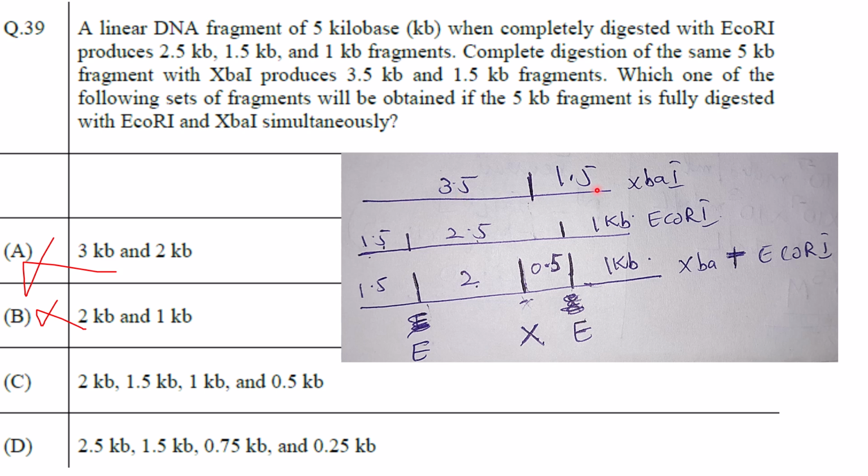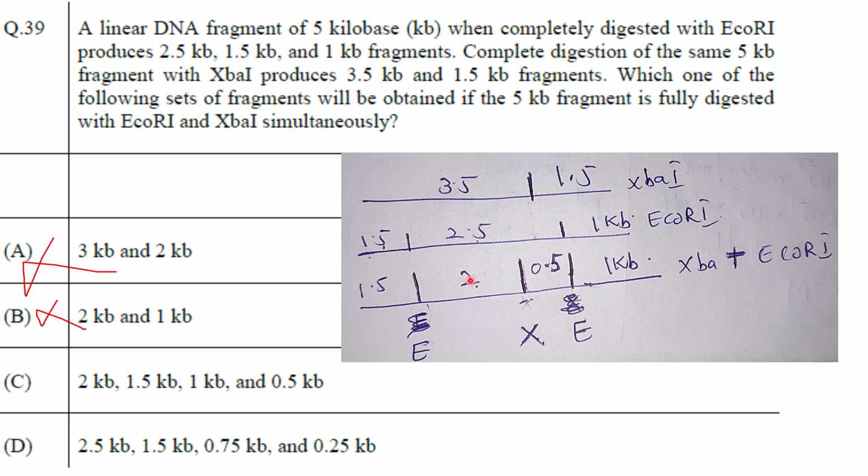But C, you see. 3.5, 1.5 is given by XbaI, 1.5 again. But here EcoR1 will not cut over here. So I am putting 1.5 here. Okay, then 2.5 and then 1 kb, it is given by EcoR1. So when you digest with XbaI and EcoR1, you are sure shot going to get a 1.5 kb fragment. But see here, it is 2.5.